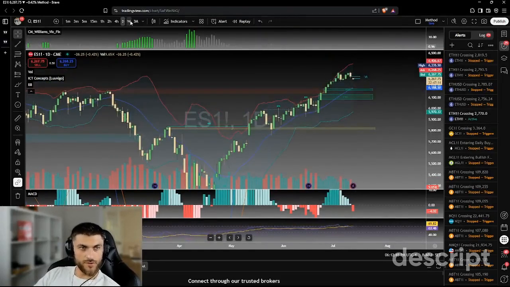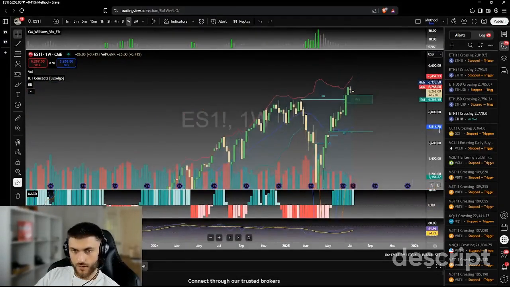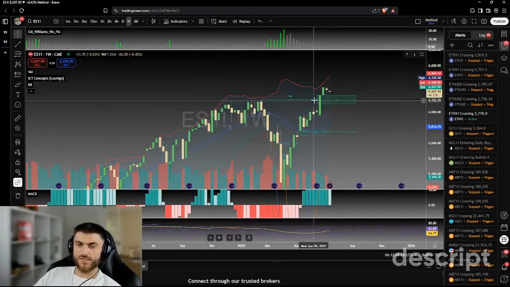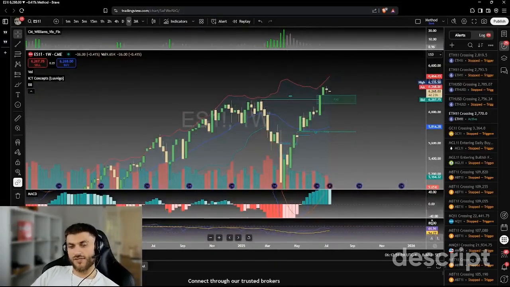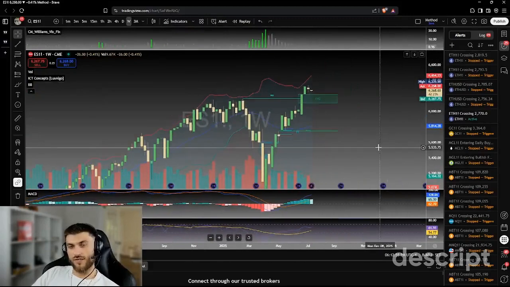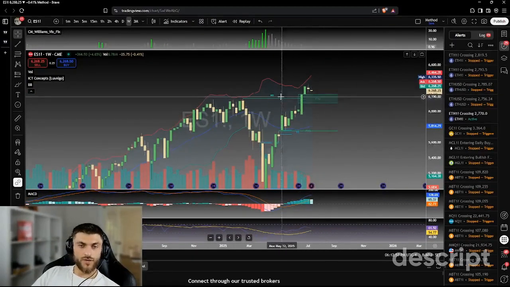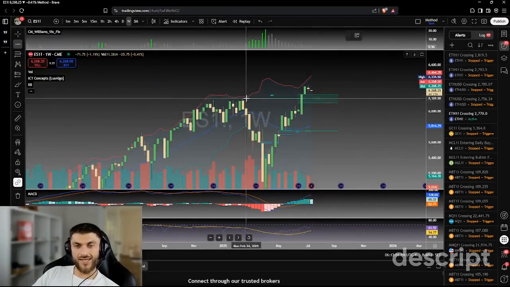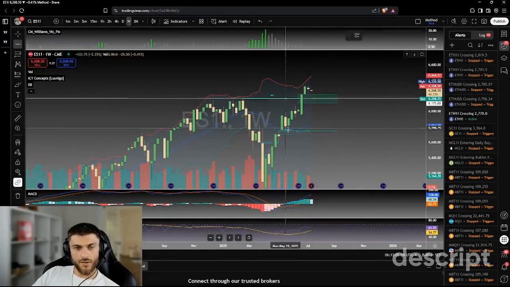We're gonna start here on the weekly. I'm not gonna go quarterly. It's very similar to NQ. Instead of going through all of ES, I'm just going to show you that it's pretty much the same as NQ. Levels are in similar areas.